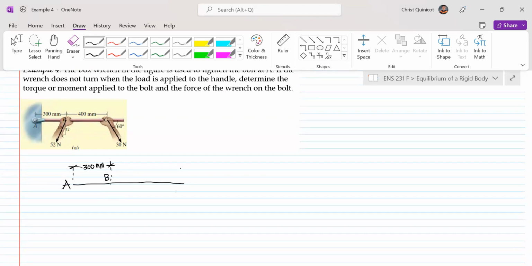A force of 52 Newton is applied, and the ratio would be 5, 12, and 13.